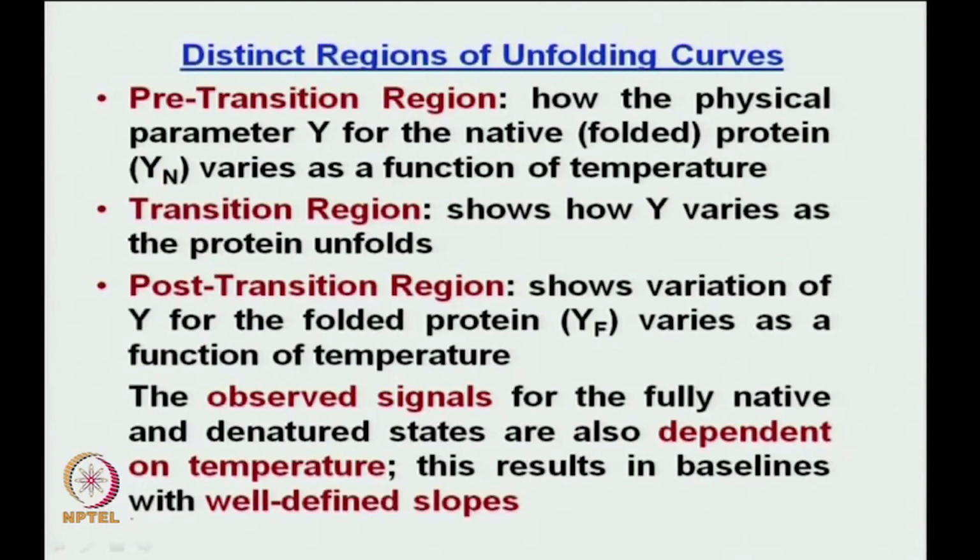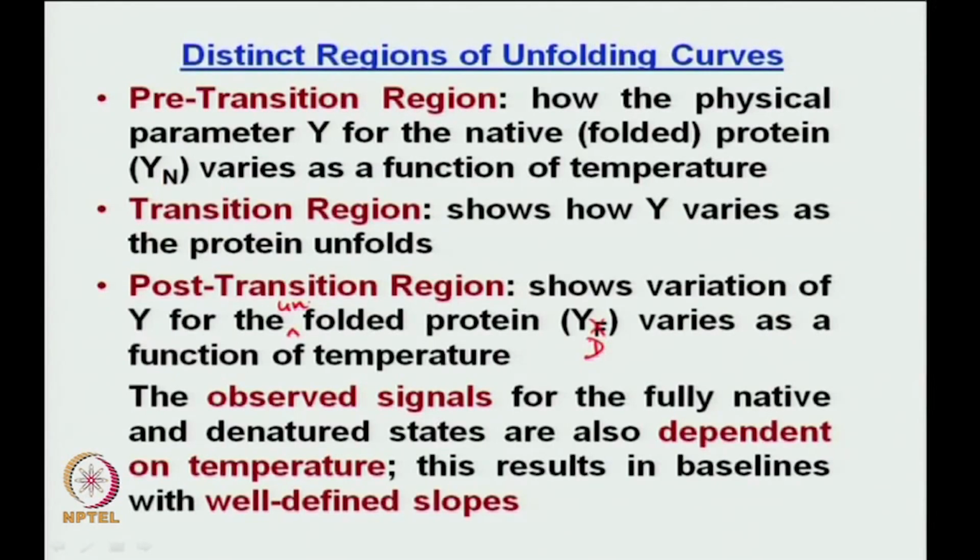And then you have the post transition region. Obviously, the post transition region shows variation of y for the folded protein, where so it should not be the folded protein, it should be what? It should be unfolded protein. Let me write, I think we wrote this as D, and this would be unfolded, sorry for the mistake.